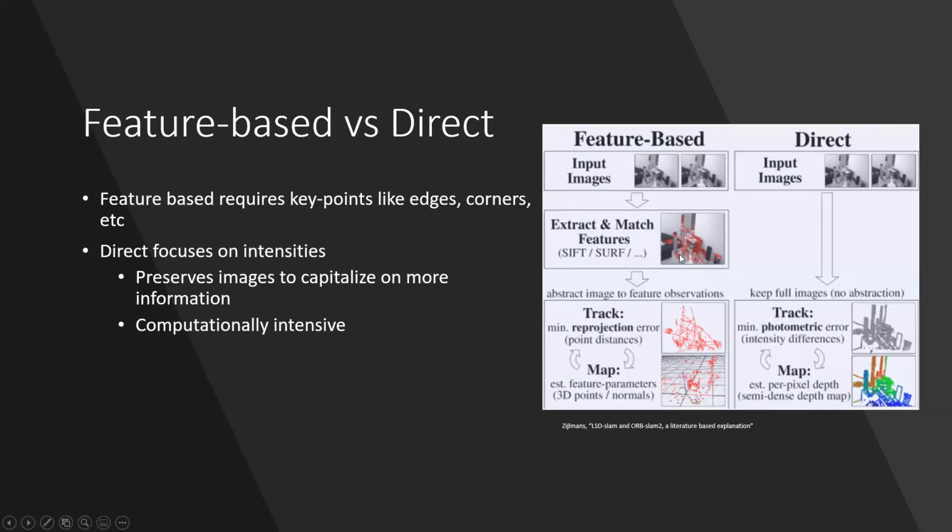And then you do tracking based on that. As you might assume, this can be quicker and less memory intensive because you're saving less data as you go. Or if you go to the direct side of things, you're actually using as much data as you can, particularly RGB data, to try and build the map as densely as possible and preserve this information.